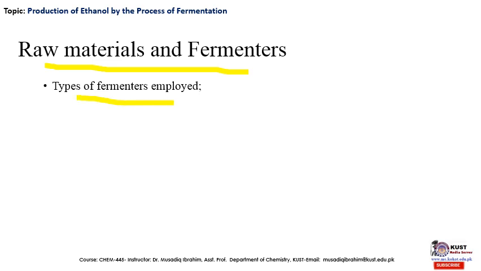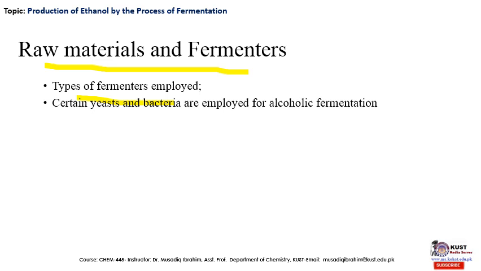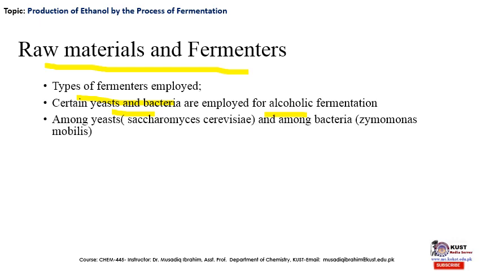These fermentation methods are used for the production of ethanol. Now, the raw materials and the fermenters which are used for the production of ethanol, and the types of fermenters which are employed, include certain yeast and bacteria for the production of alcohol by the process of fermentation. Among yeasts, Saccharomyces cerevisiae, and among bacteria, Zymomonas mobilis are used for the production of ethanol.